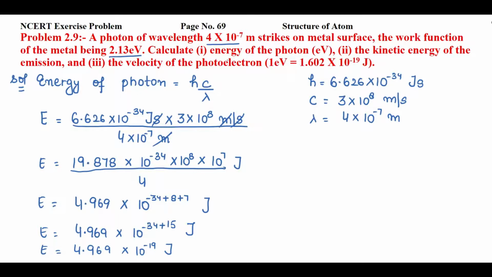But if you see our first question, we have to find the energy in electron volt, right? So we'll convert this joule into electron volt. Now I know that 1 electron volt equals 1.602 × 10^-19 joule, right? But we have energy in terms of joule, so I have to find the value of 1 joule, right?